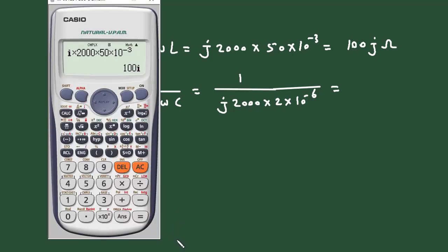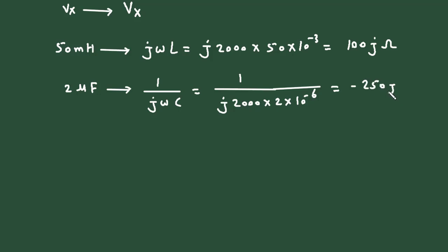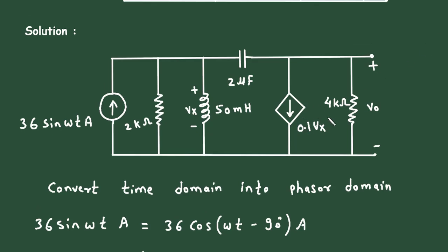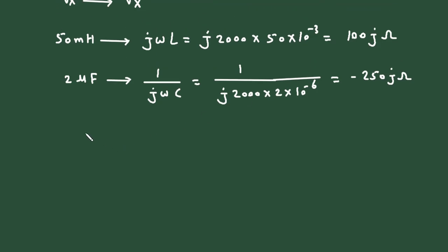It is equal to 1 upon j into 2000 into 2 into 10 to the power minus 6, which is minus 250 j ohm. Then this 4 kilo ohm will remain same and this 0.1 Vx will change to capital Vx. Also small Vo will change to capital Vo.